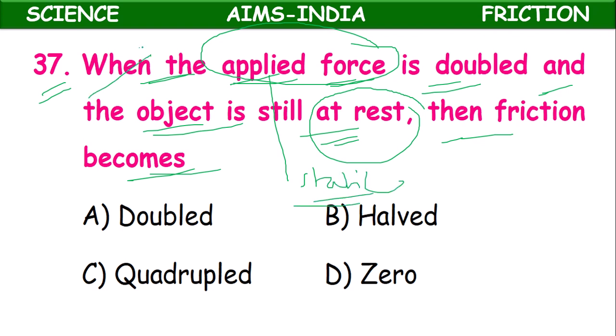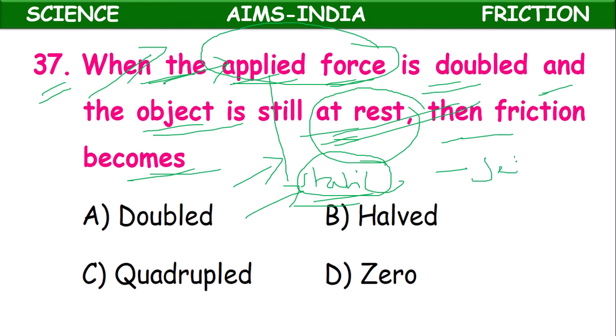If we double the applied force, static friction will double. If we halve the applied force, static friction will be halved. So as long as it is at rest, static friction is a self-adjusting force.